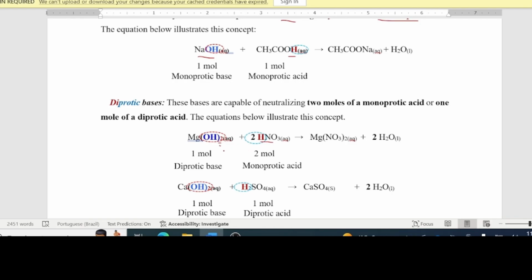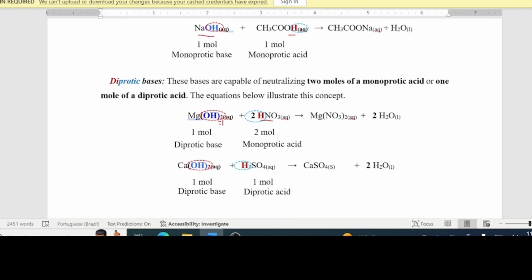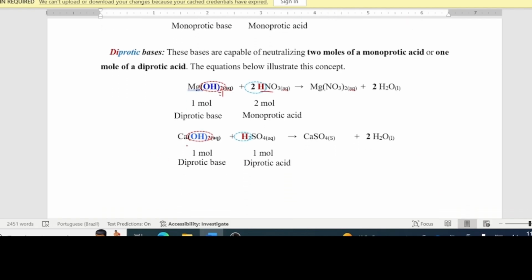So this is when you balance the equation because of that 2 there, right? Calcium hydroxide is another example of a diprotic base, and it is capable of neutralizing 1 mole of a diprotic acid, as shown here. So 1 mole to 1 mole, and complete ionization there.